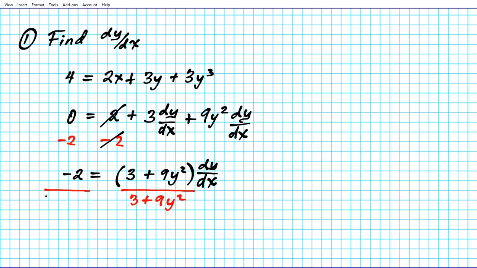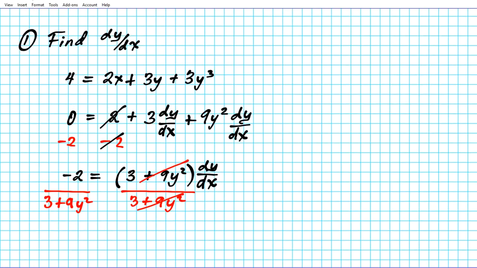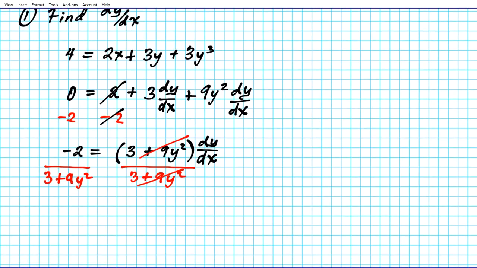Do that to both sides of the equation. So this divides out. And then we have dy/dx, the slope at any point on the curve, is negative 2 over 3 plus 9y squared.